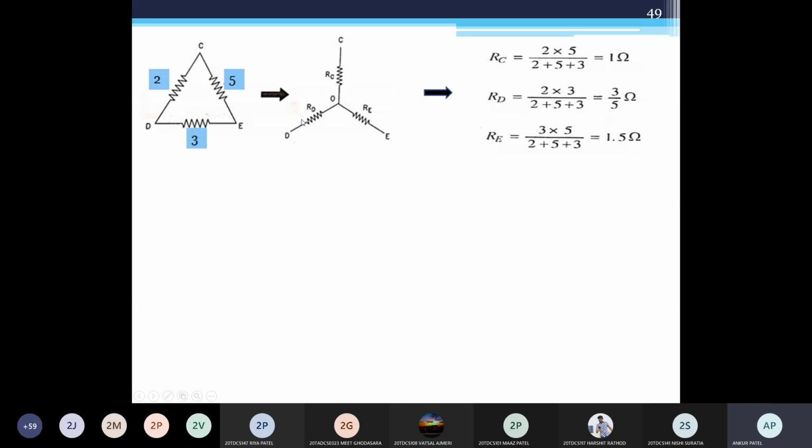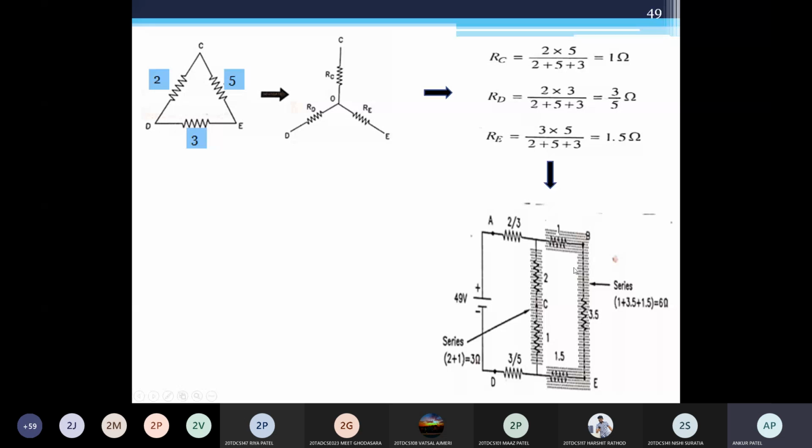Now how are you going to implement this? You implement it like this. This is your star connection and this is your delta connection. This 2 by 3, 1, 2. Now 3 by 5, 1.5 and 1. This is your star connection.